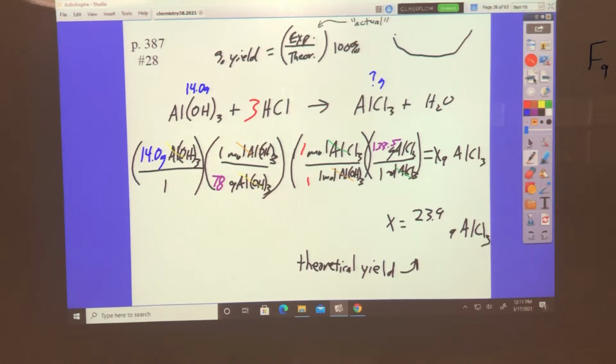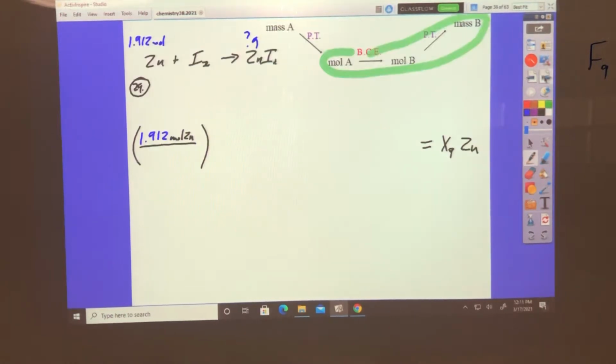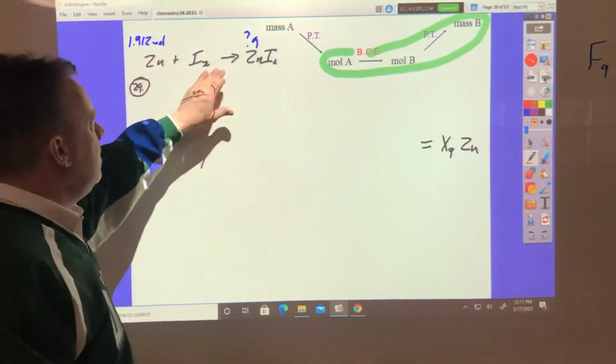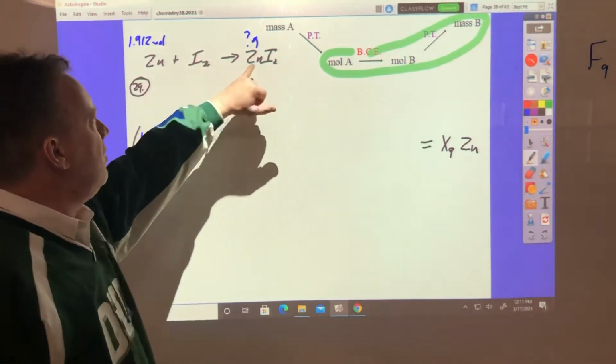Okay? So, we have in the problem 1.912 moles of zinc used. So draw your equation. Zn plus I2 gives you ZnI2.